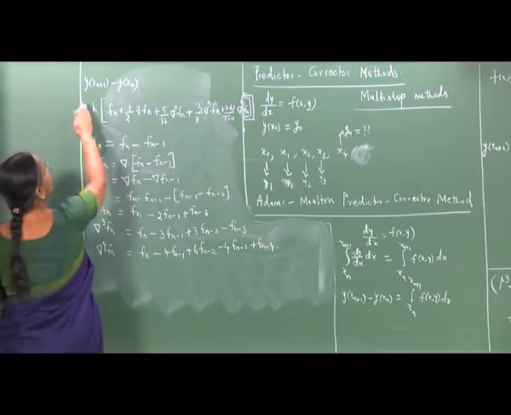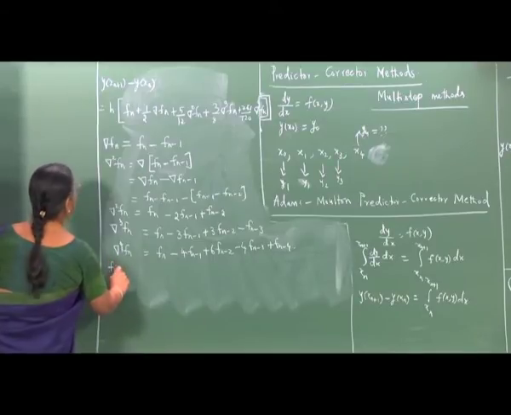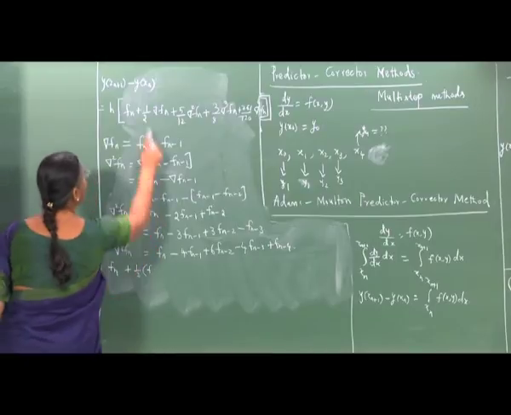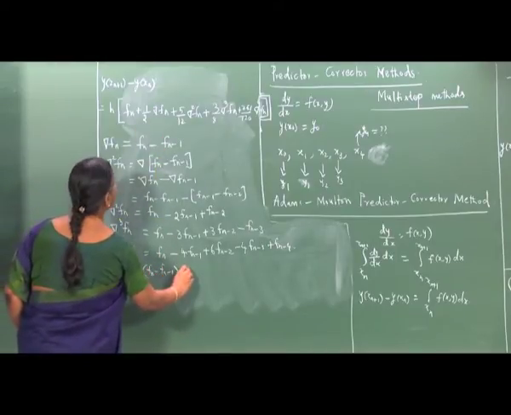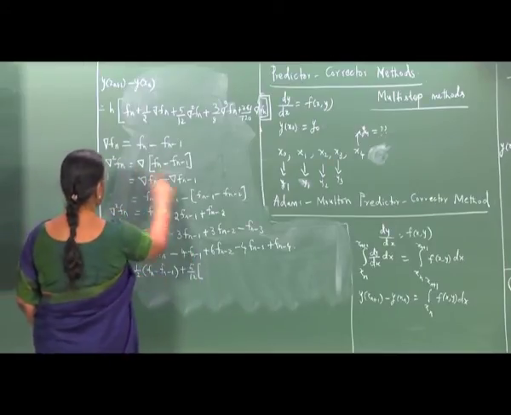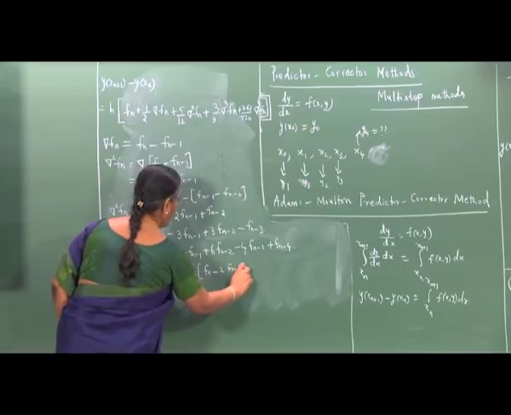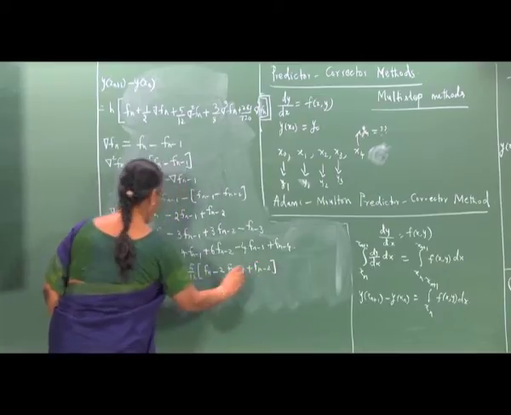Now we have to substitute these here and collect the like terms and then write down the result finally. We have the first term to be Fn, the second term is half of delta Fn, which is Fn minus Fn minus 1. Then the next term is 5 by 12 into del square Fn, that is Fn minus 2 Fn minus 1 plus Fn minus 2.